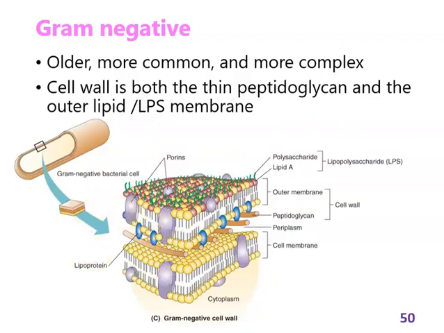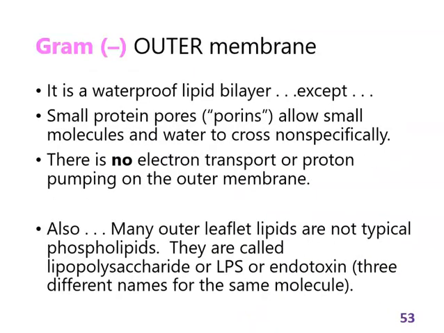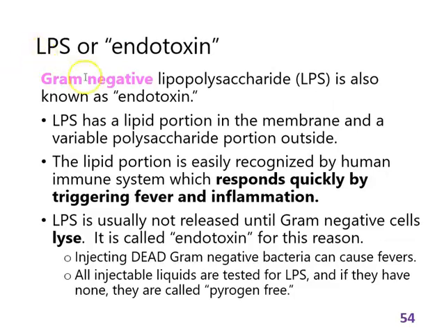When you see different diagrams of the same thing drawn in very different ways, that is a really good learning opportunity for you, because you can look for what is common between those drawings and what is different between them. And that's a very good exercise for your brain to help you with understanding. Then there are some slides that just walk you through what the different structures are. And one very important one is LPS, or lipopolysaccharide.